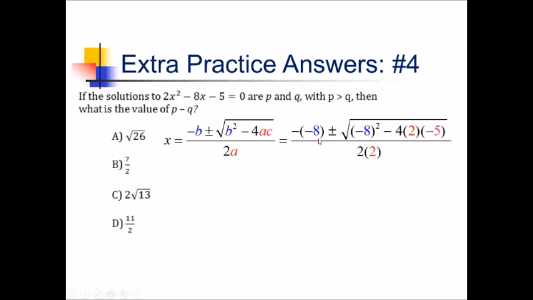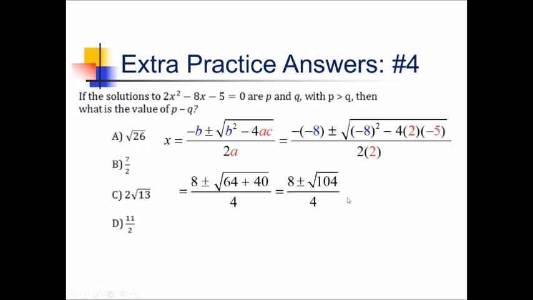Simplifying further, -8 is +8, plus or minus the square root of, now we've got 64 in there, and then -4 times 2 is -8, -8 times -5 is +40, and then we have 2 down below. So that is, let's see here, 64 plus 40 is 104, square root of 104.